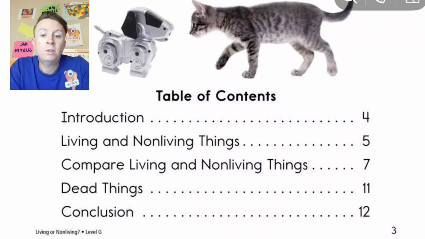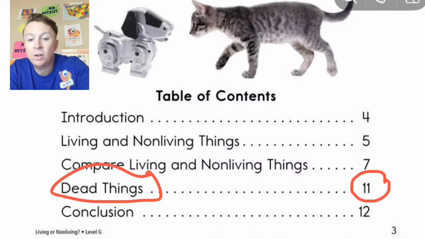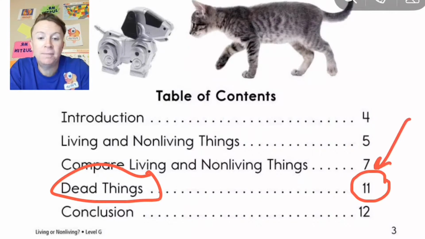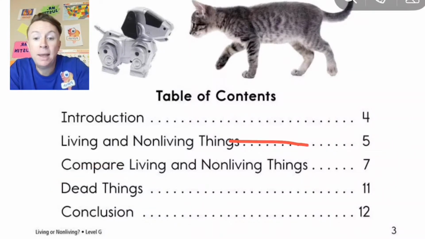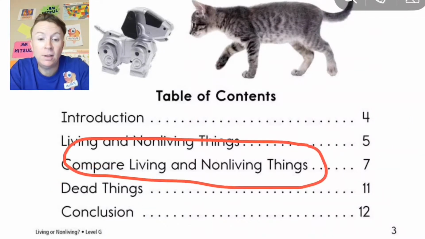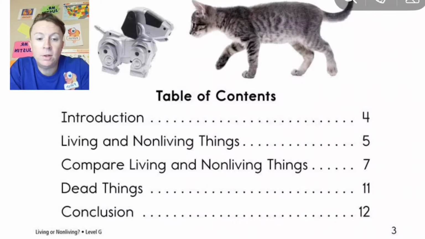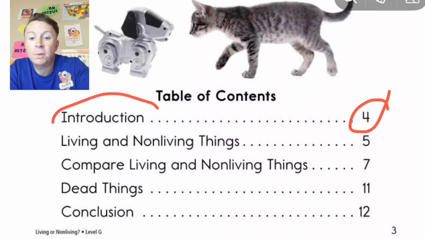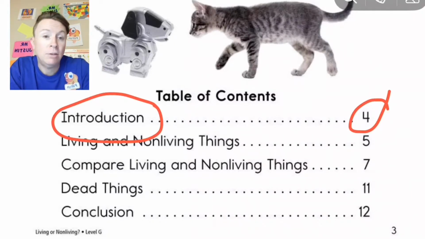If I wanted to read about dead things, I would turn to page 11. If I wanted to compare living and non-living things, I would turn to page 7. But we're going to turn to page 4 first, because the introduction introduces the book and tells us a little bit more information about what we're going to read. So let's do that now.